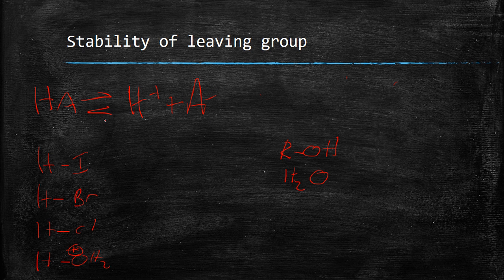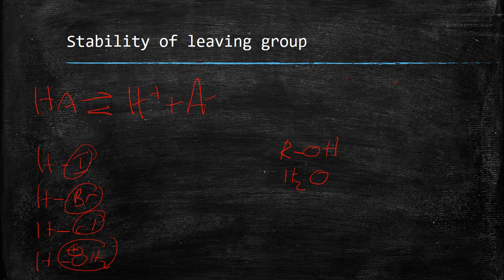So if we take strong acids and look at their conjugate bases, there we can see good, stable leaving groups. For example, hydrogen iodide, hydrogen bromide, hydrogen chloride, and hydronium are all examples of strong acids, and their respective iodide, bromide, chloride, and water will make good leaving groups.